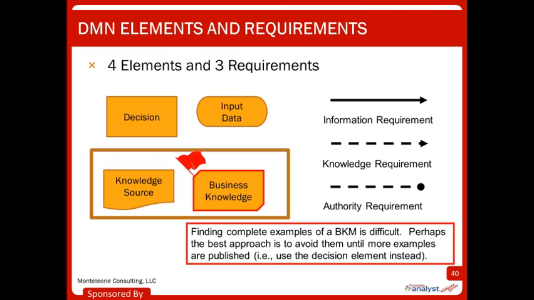I sort of looked at this similar to, if you've done things in use cases and used, say, an include use case. In other words, common things that are within various different use cases can be pulled out, and it's called an include. This is similar. This is reusable business knowledge that can be used for various different applications.